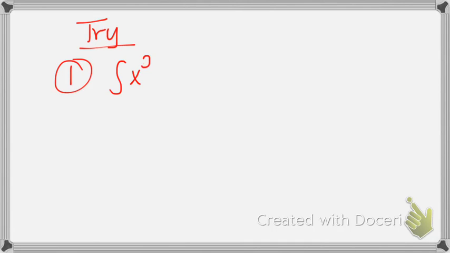Okay, there's still one more method I want to show you, but before I do that, I'm going to give you 2 try problems, and they're based on the first kinds of problems that we just did. I promised you on the first one you can use tabular.